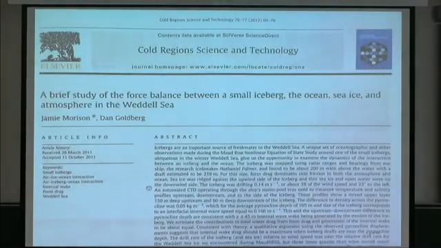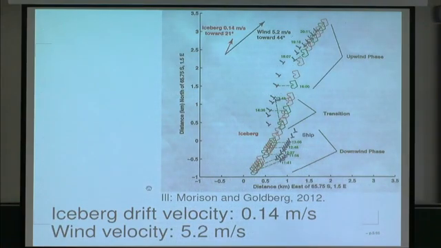So then the iceberg case. This is a paper which Alexei sent me a few years ago, so you can read that. And I think Mike showed an image of that iceberg in his talk this morning.